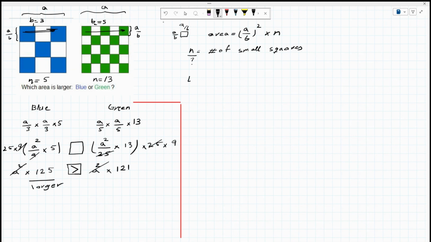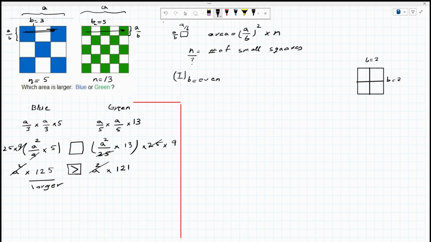If b is an even number, we're going to consider two scenarios. Scenario number one is b is an even number. It means that if I have a rectangle here, as I am showing, and I have such a shape, here b is equal to 2 because I have two small squares in one direction, and also here b is equal to 2.